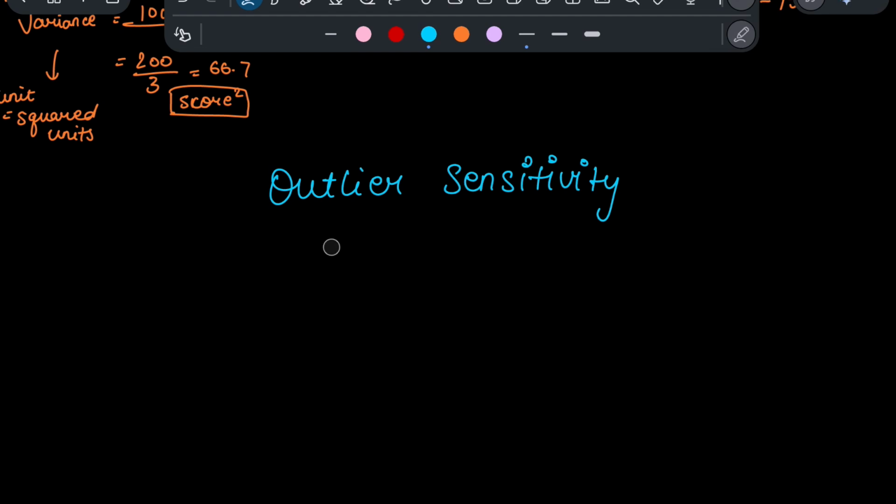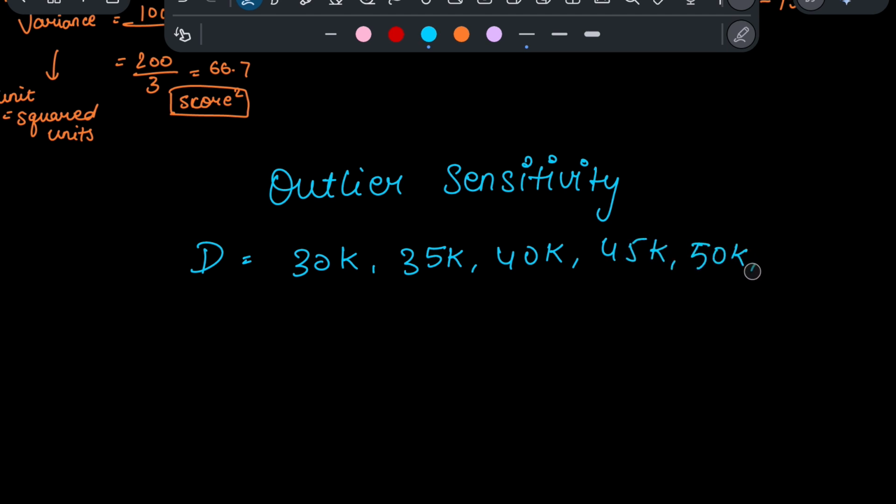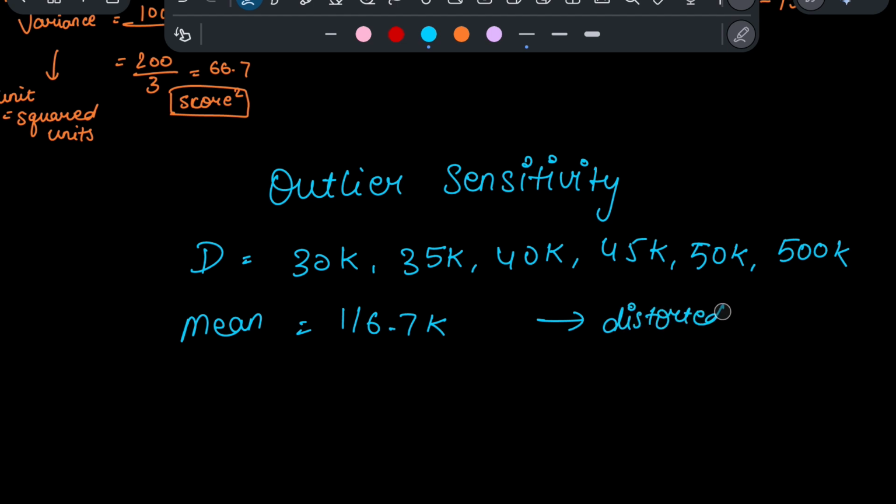Let's take an example. Our data set has values like 30K, 40K, 45K, 50K, which are the salaries of the employees, and let's take one outlier, that is 500K. Our mean would be 116.7K, and it is distorted by the outlier.